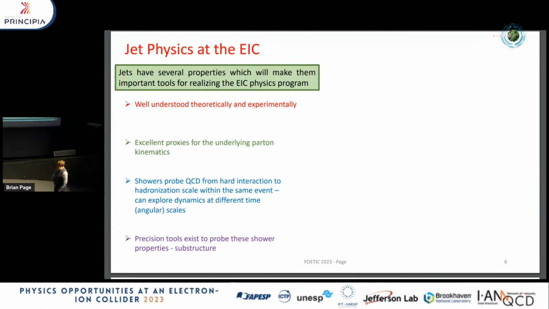They shower, and the shower probes QCD from the earliest times to the latest times. So you can explore the dynamics of QCD at different time or angular scales, all within the jet. And we have precision tools that allow us to do this. And this is of course substructure.